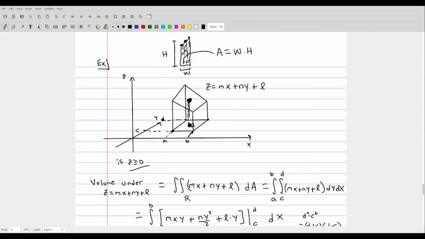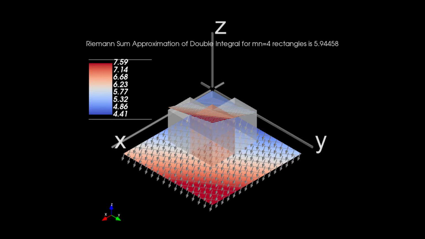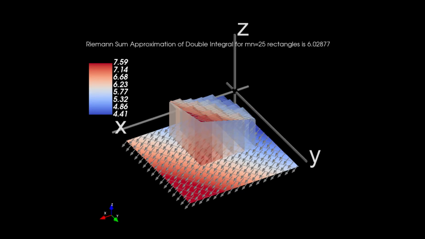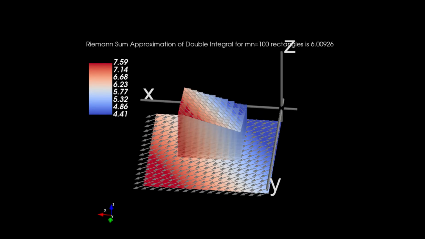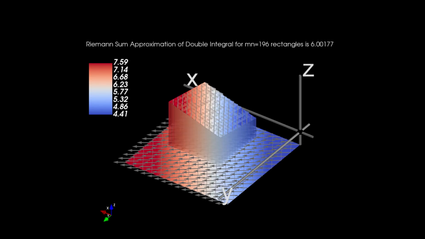So if this height right here is h, and a is the area of the base, we're seeing that the volume of this trapezoidal pyramid is going to be this area of the base times this height right here, which is a direct generalization of our previous formula using the double integral. And so here I've plotted out the graph of the function for m equals 3, n equals 2, and L equals 1.